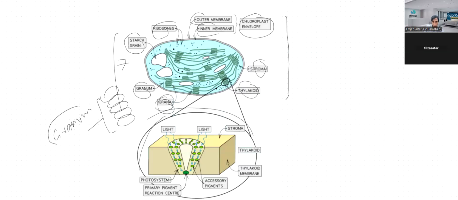Then you can see this one structure here that I'm checking out. That's the thylakoid. This structure is where we have the chlorophyll pigment. Chlorophyll is a pigment because of which plants are green in color. So the green color of plants is because of which pigment? Chlorophyll.